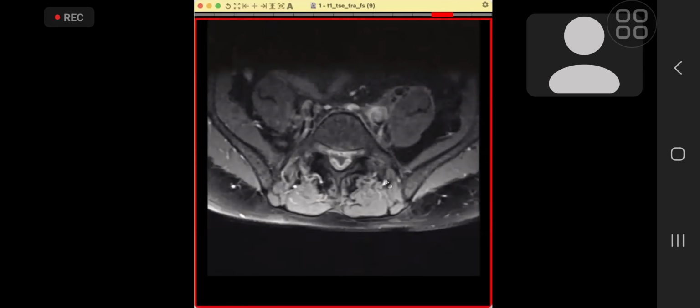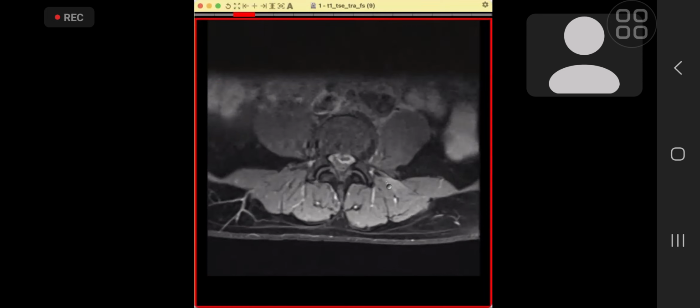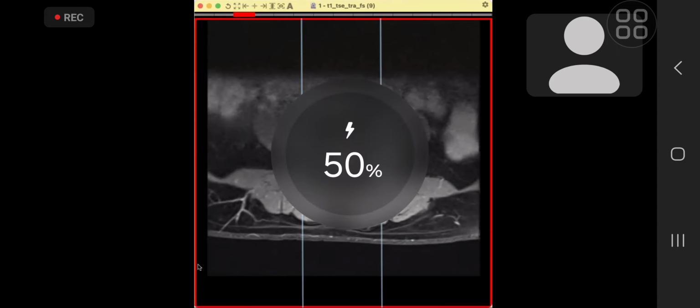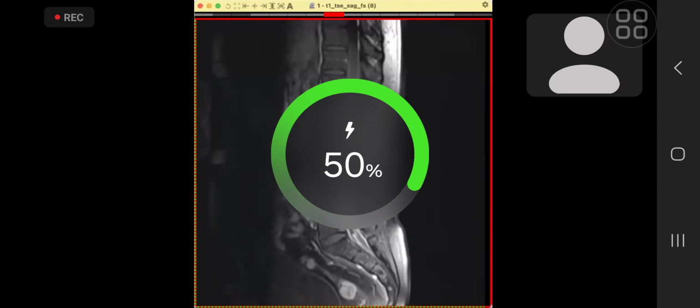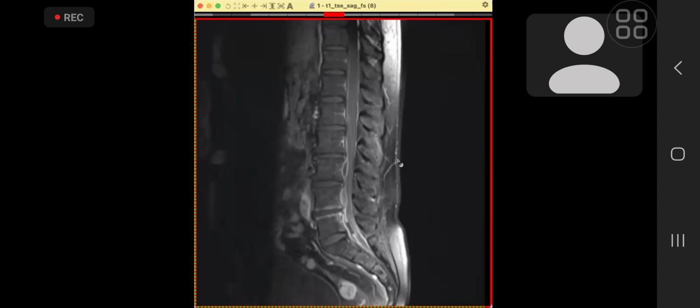So this could represent a subdural abscess, and I can see here also there is abnormal enhanced anterior extradural lesion. I'll confirm that on the sagittal as well. So this is an extradural abscess and intradural, yes. So we have here multiple anterior extradural abscesses starting from L3 down to L4 and 5 and extending to the upper surface of S1.